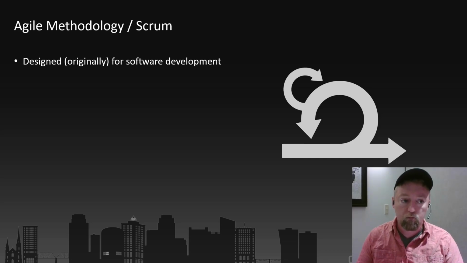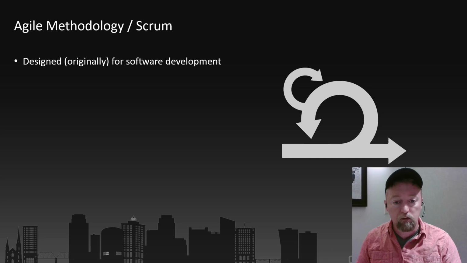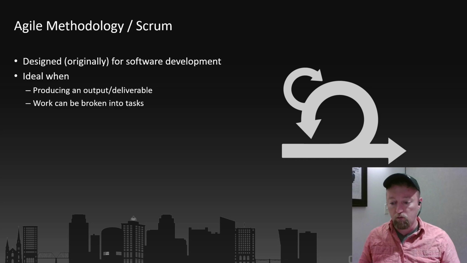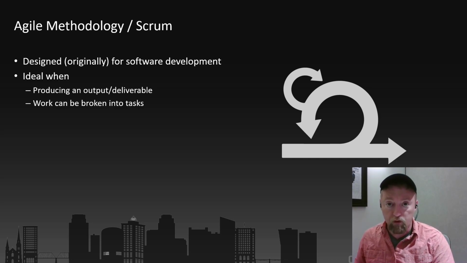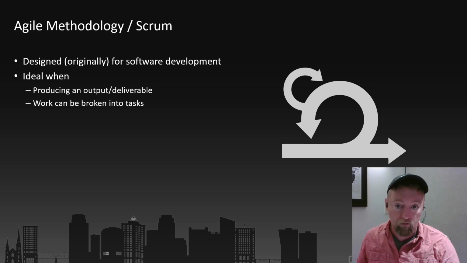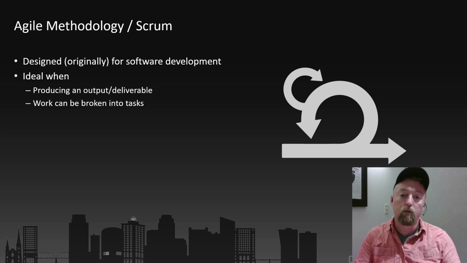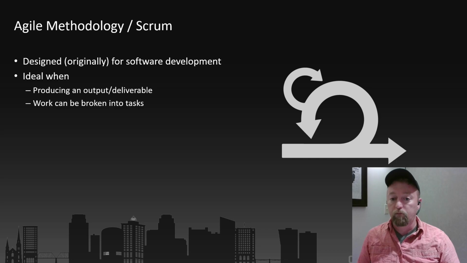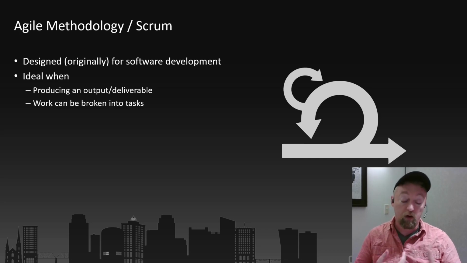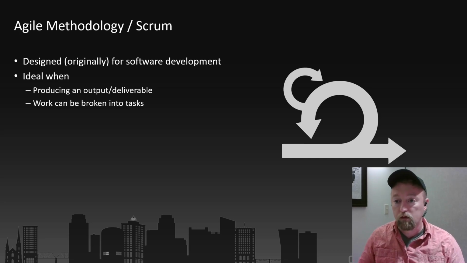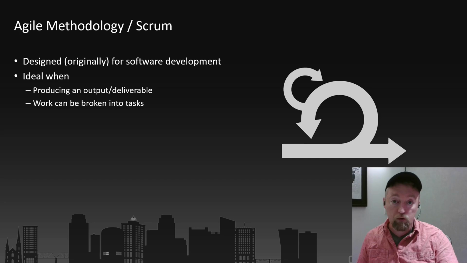It is ideal as a way of working when the work that you're doing has some kind of end result, end product, a thing that you can hand over and point to and say, we did that. This makes sense for products, obviously, but it also makes sense for software in that we can point at a specific feature or something that's been programmed and say that's what we did.